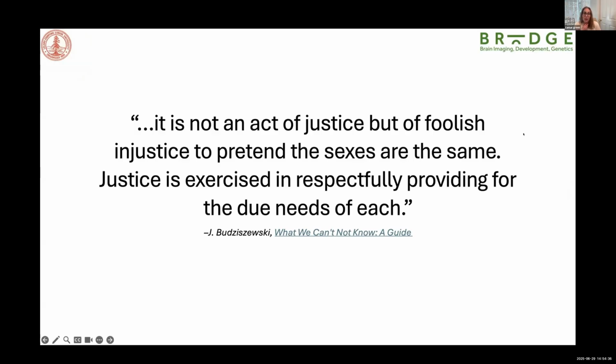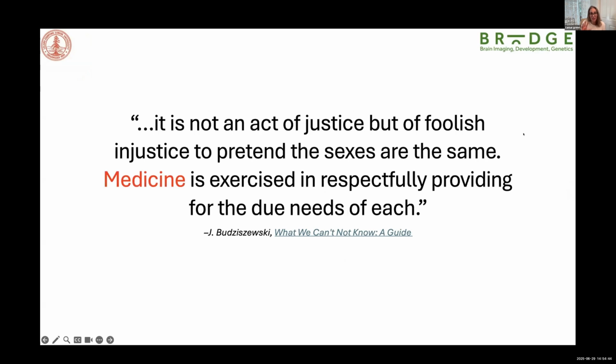I'm going to start with the concept of why I do what I do. This phrase talks about how we need to exercise justice based on the sexes, and I tweak that to say that medicine should also be exercised this way, thinking about differences in sexes and how we treat different people with different needs.